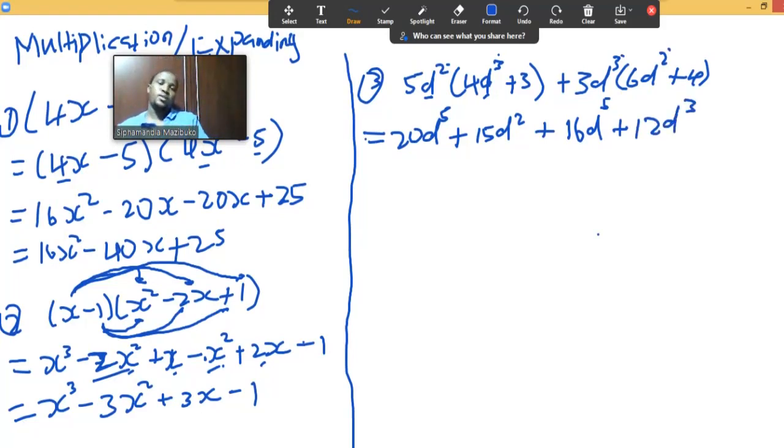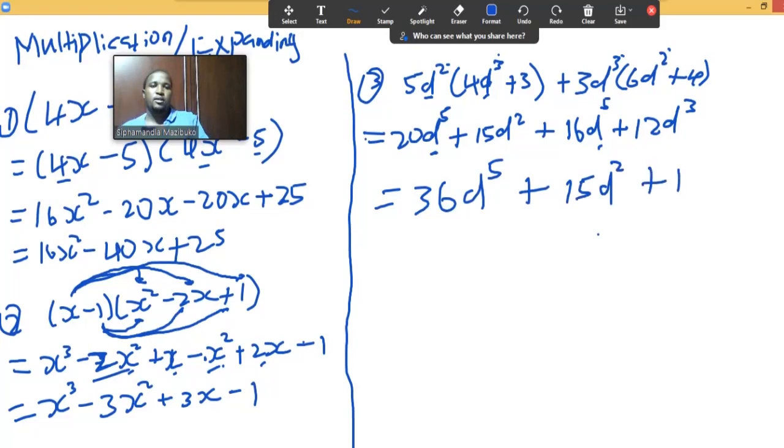So you see, we do have like terms here, because we have d to the power 5 and d to the power 5, so we need to add those. That sums to 36d to the power 5 plus 15d to the power 2 plus 12d to the power 3.